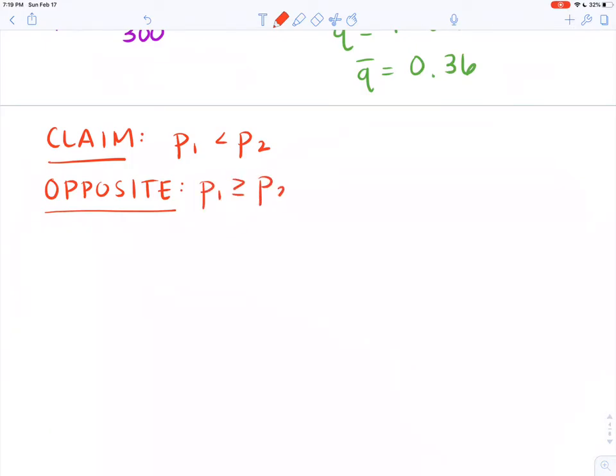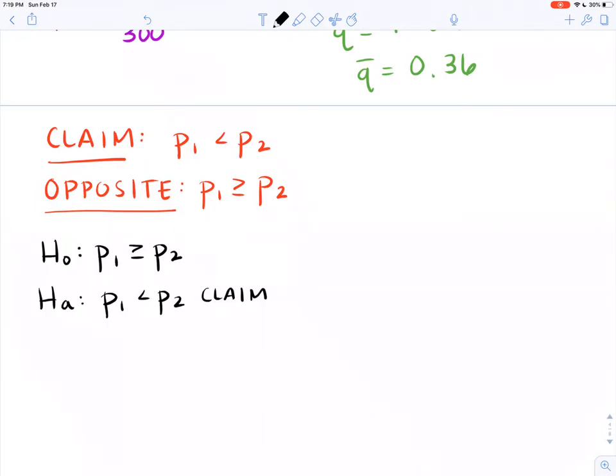Opposite of less than would be greater than or equal to. And that will allow me to define my null hypothesis will be the one with equality. My alternative will be the one with inequality, and that is my claim. So I'm going to be looking to see if I can support that claim since it is in the alternative hypothesis.